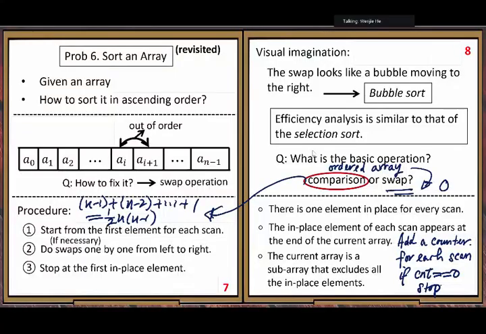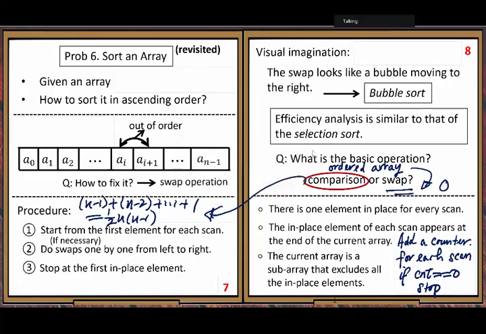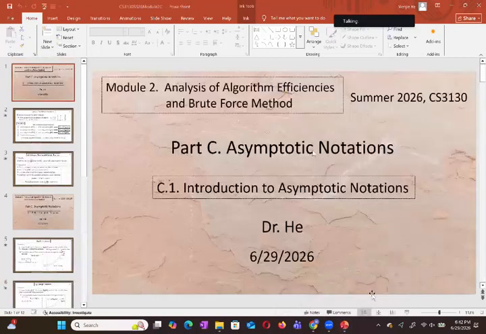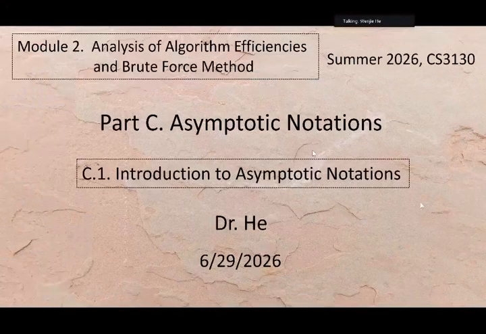That's the end of part B. Now we switch to part C. The title is asymptotic notation.